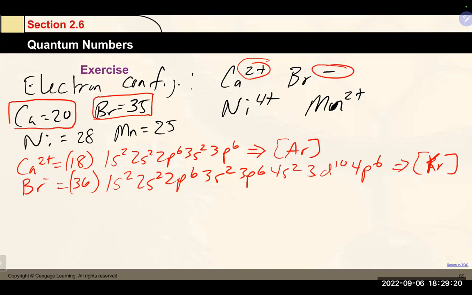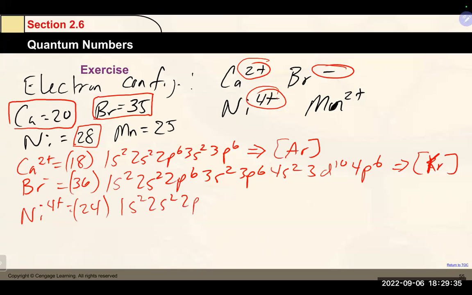Going to our nickel, which has 28 to begin with. A +4 charge would mean nickel in this case would have a 24, which would be 1s2, 2s2, 2p6, 3s2, 3p6. Now, if you just roll before we do anything, 4s2, 3d5.